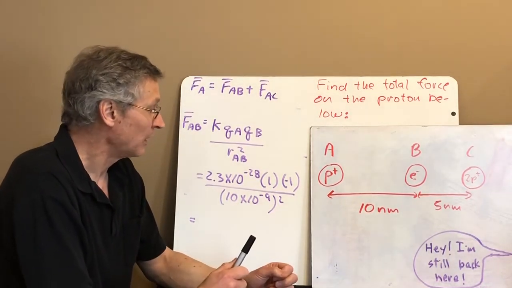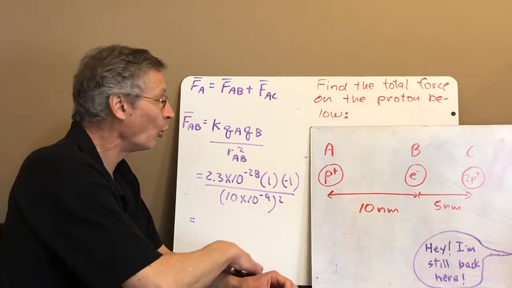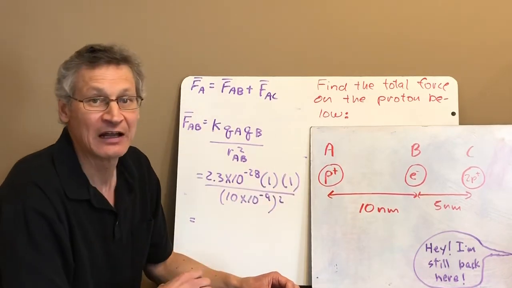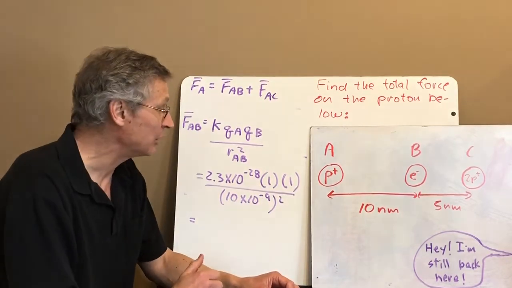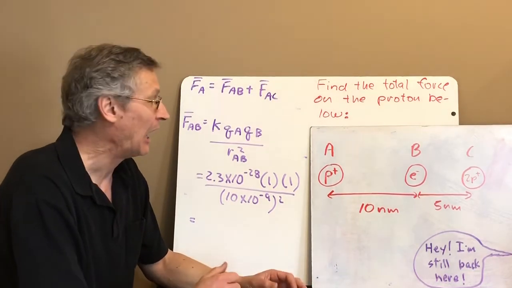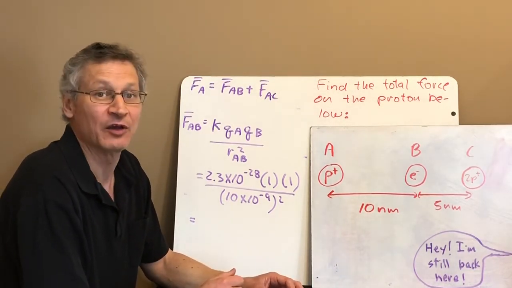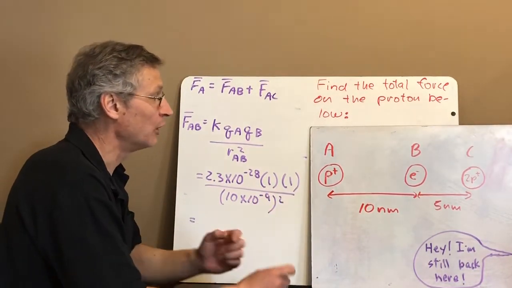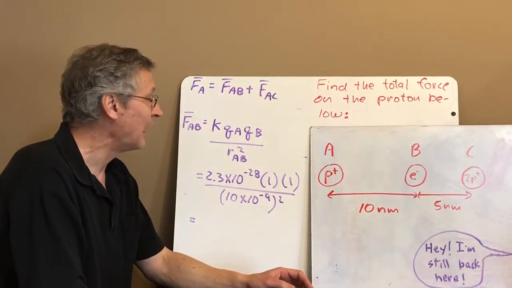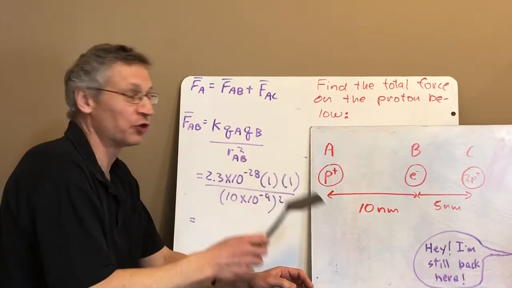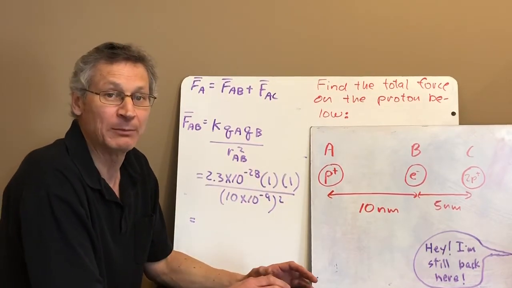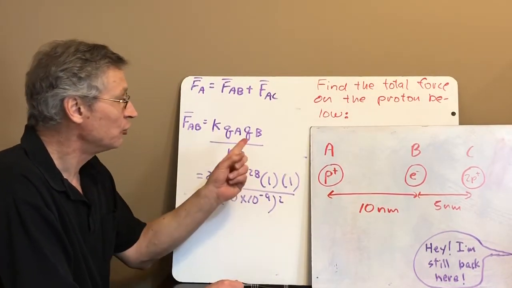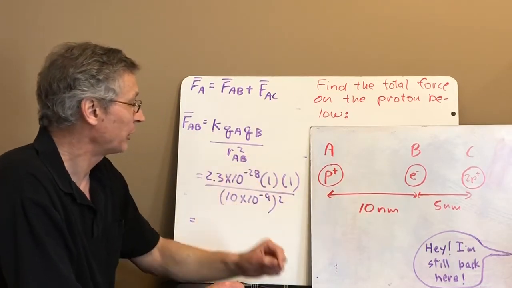But what I like to do is this: whether QB is positive or negative, it's not going to affect the value of the answer in the sense of how big it is. It's just going to affect the direction of the answer, whether the force is attractive or repulsive. So what I like to do is just substitute in the absolute values of the charges, and I'll worry about the direction later, okay? So QA, positive 1 elementary charge, QB, the absolute value of that, also positive 1 elementary charge.